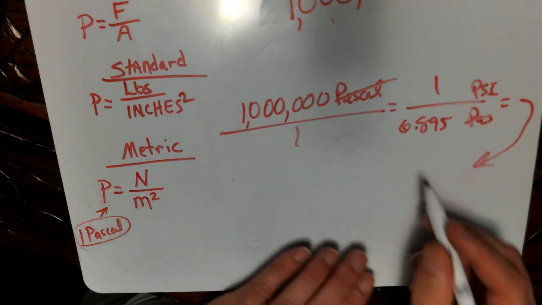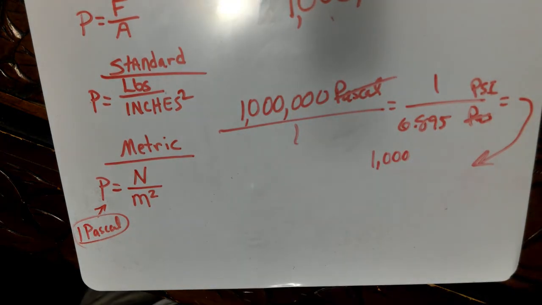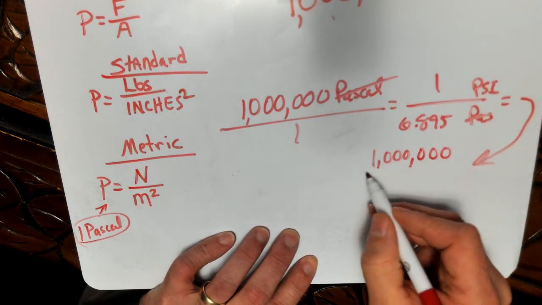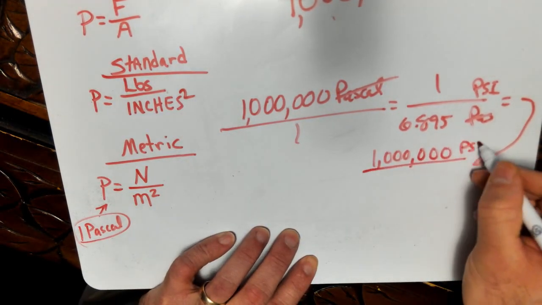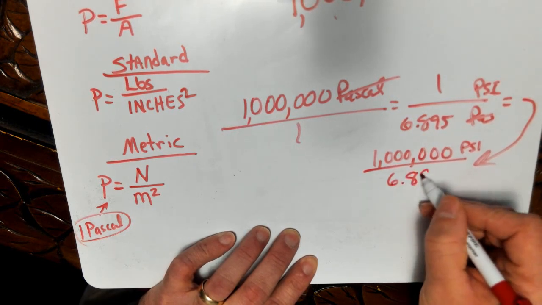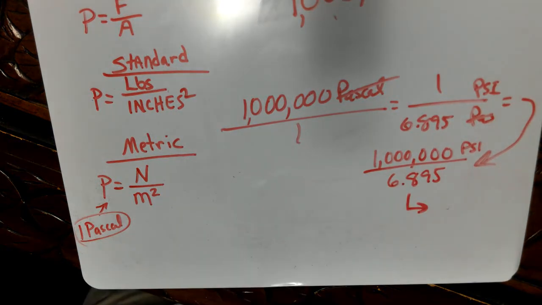So again, it would be 1,000,000, and I've got that calculator up in your way too. Let me get that out of the way. 1,000,000 divided by, and PSI tags along with it, 1,000,000 divided by 6.895, which ultimately equals, let's pull that calculator back up here for you.